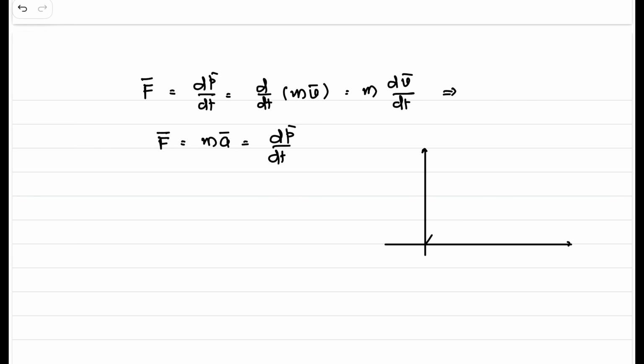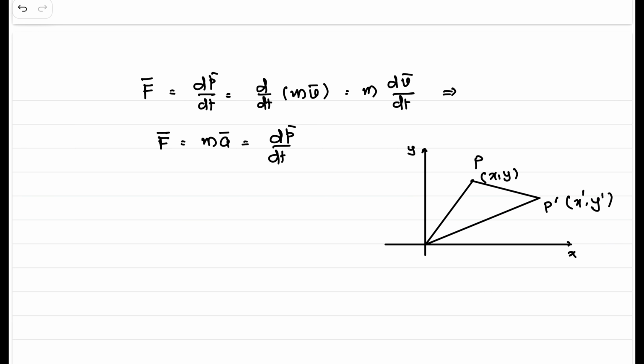Now, the positional vector P, after some time, is changed to P dash. This is the xy position, this is x dash, y dash, and PP dash is the displacement.